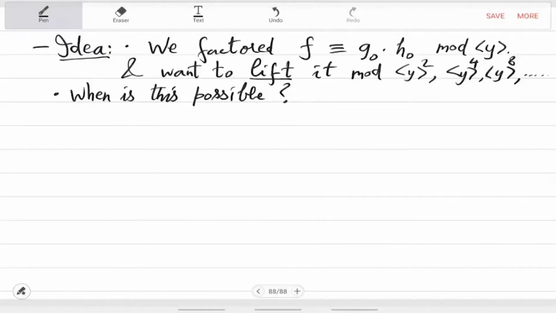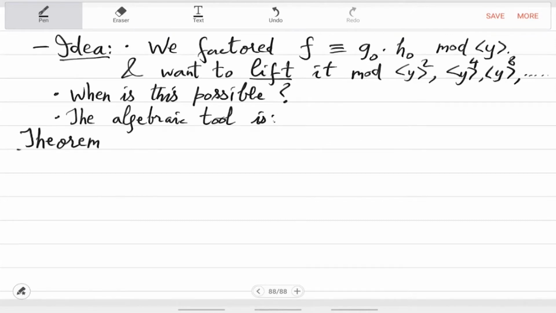Okay, this is called Hensel lifting. So, that is the algebraic tool here. So, this is what in this course we will call Hensel lifting.